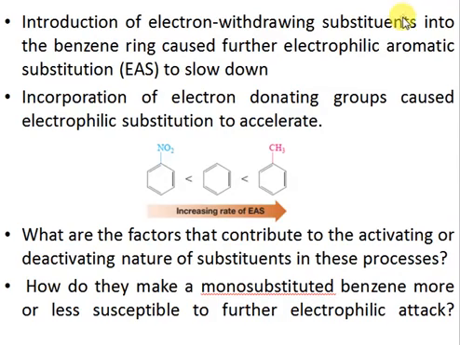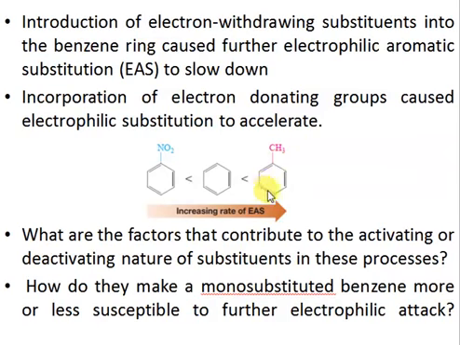Whereas, in case we incorporate an electron donating group, right, then the rate of electrophilic substitution reaction increases. So for example, here we have a methyl group. You know that methyl group donates electronic density to the benzene ring.